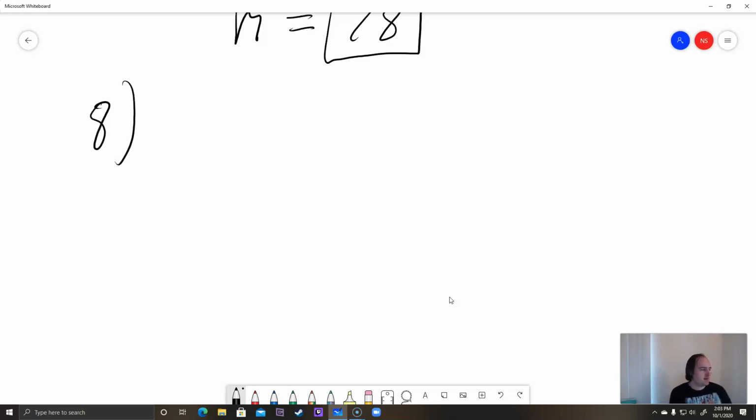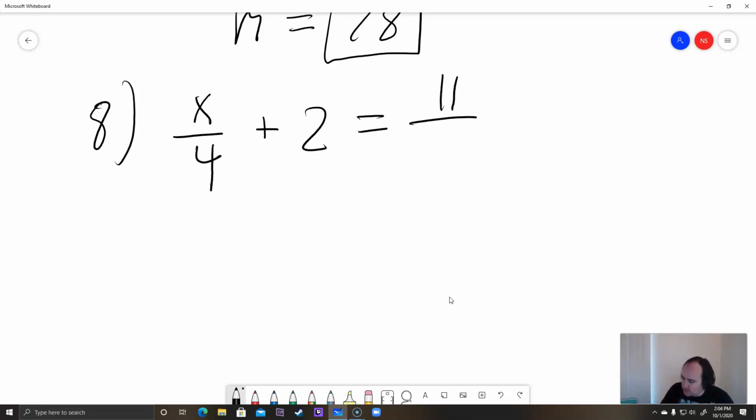For problem number 8, we have x over 4 plus 2 equals 11 over 4.